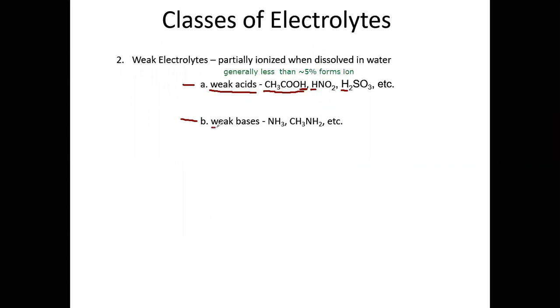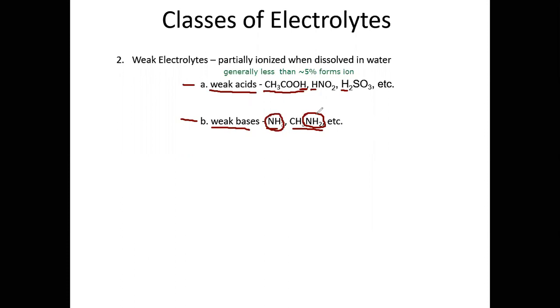For weak bases, these are going to be mainly your nitrogen compounds, what we call amines, so ammonia, methylamine, etc. What you're looking for is a nitrogen compound, or a nitrogen atom attached to a carbon, or in this case ammonia, and nitrogen is what makes it a weak base.